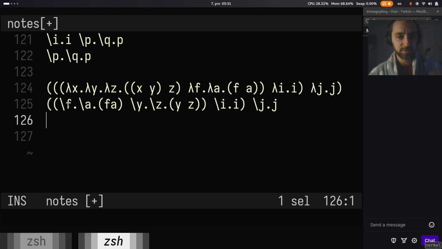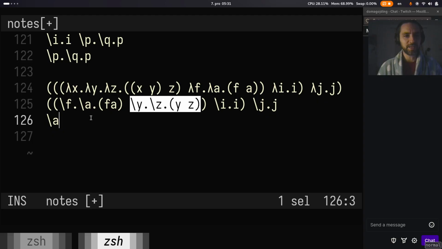We substitute for what? No, we still have two things here now. Look at this. Lambda f, lambda a, fa, and lambda y. So we should substitute these guys now. This should go inside of f.